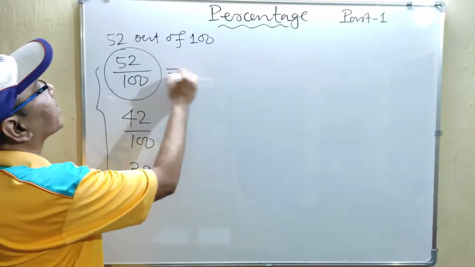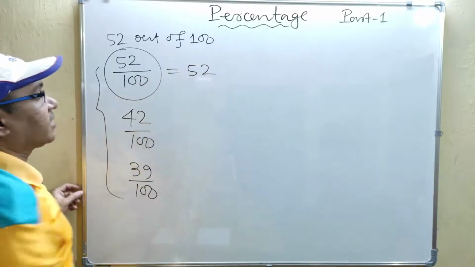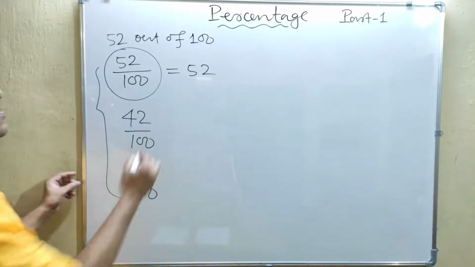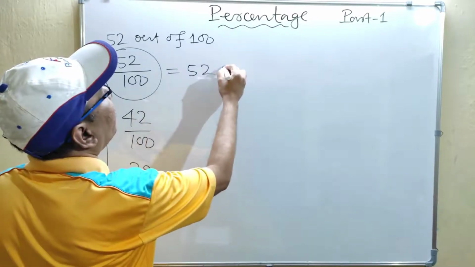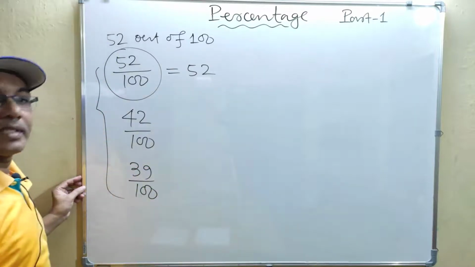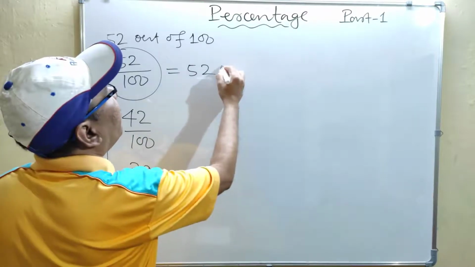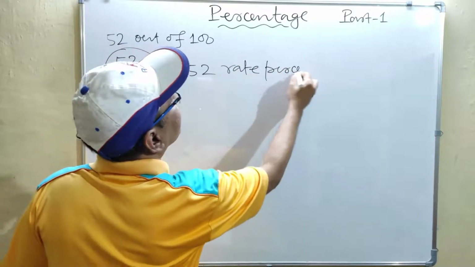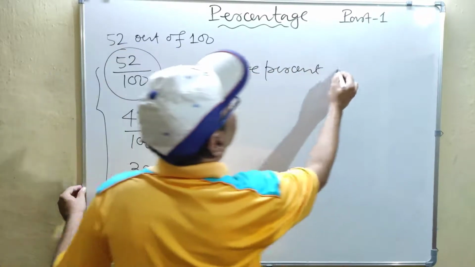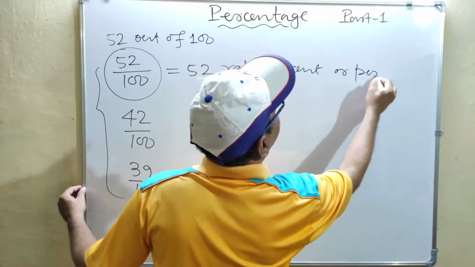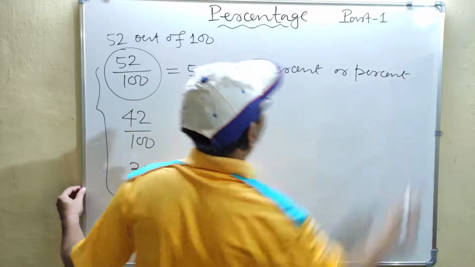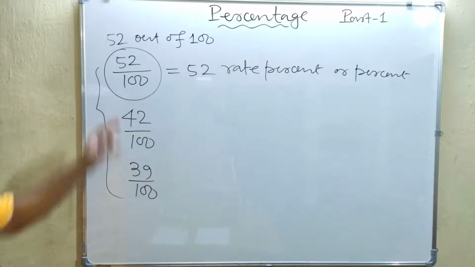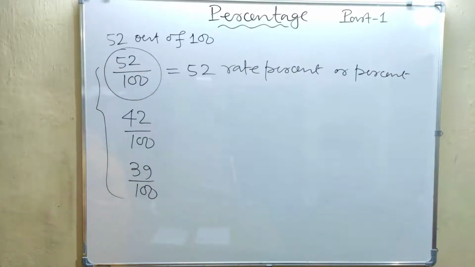The numerator of the fraction, that is 52, is called rate percent, or simply percent.